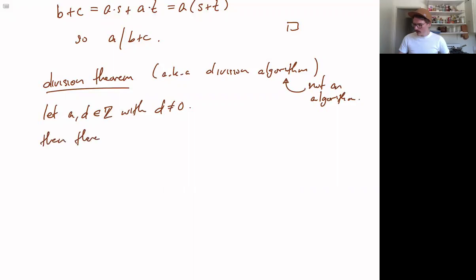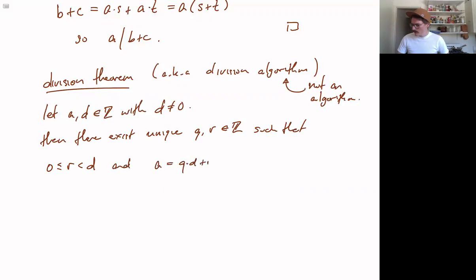Then there exist unique integers, q and r, such that r is between 0 and d, but strictly less than d. And we can write a equals q times d plus r.